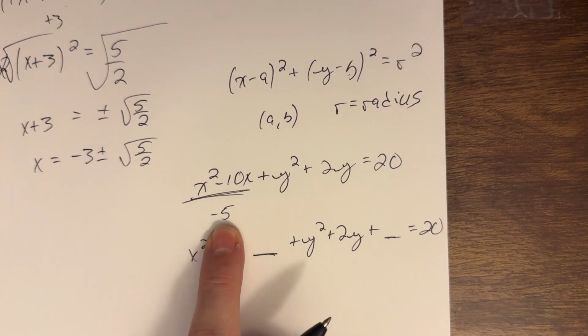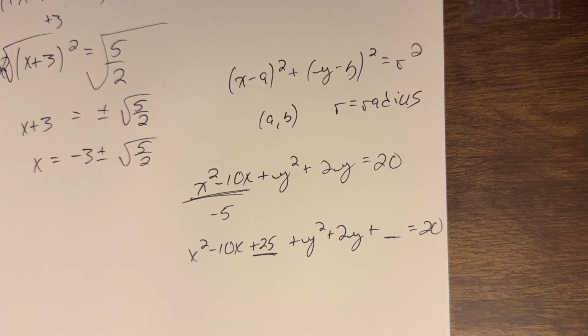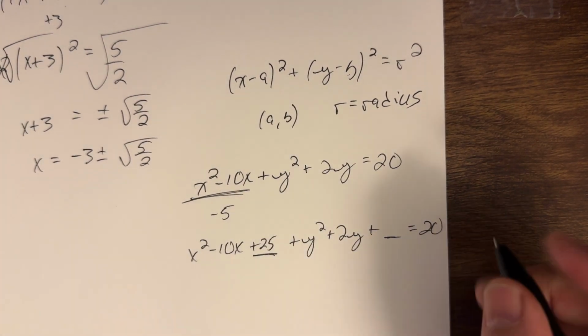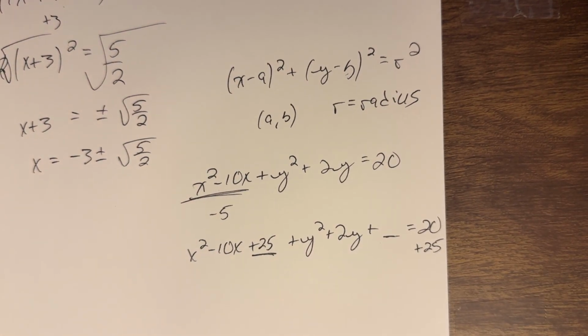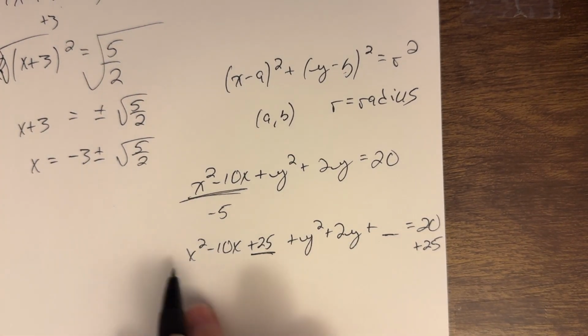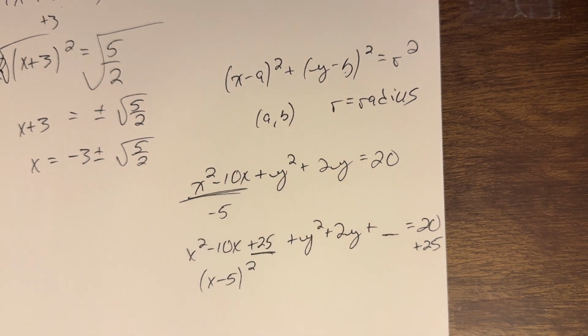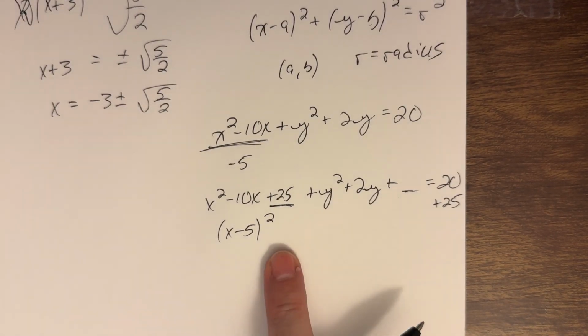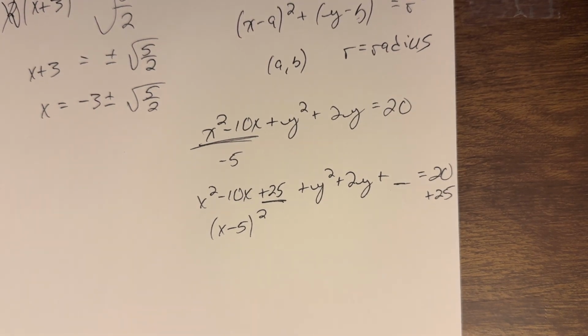I'm adding a minus 5 quantity squared. I'm getting an extra plus 25. So on this side, I'd also have a plus 25. And back here, this will factor into x minus 5 times x minus 5, or x minus 5 quantity squared.